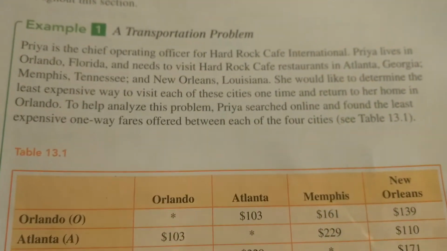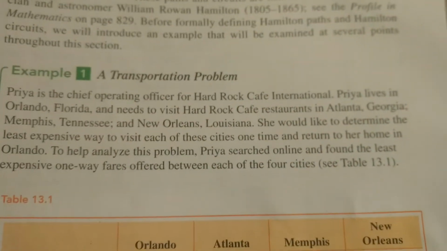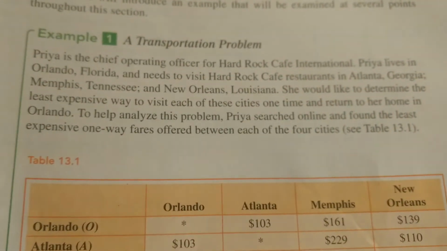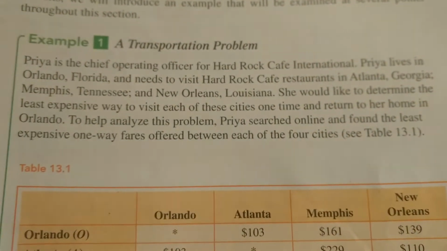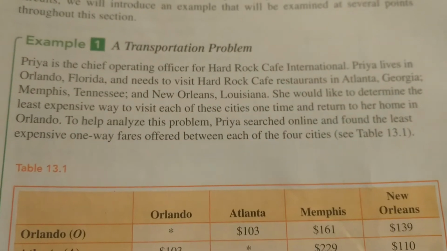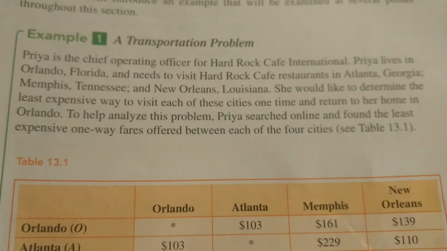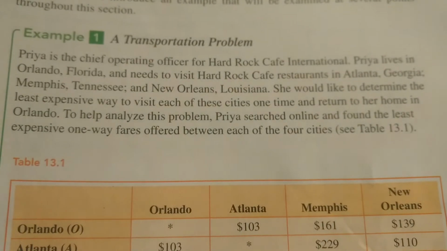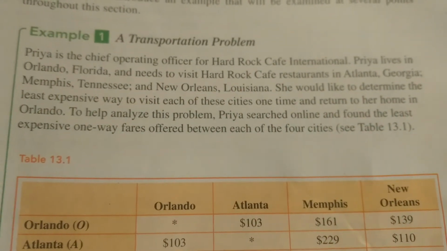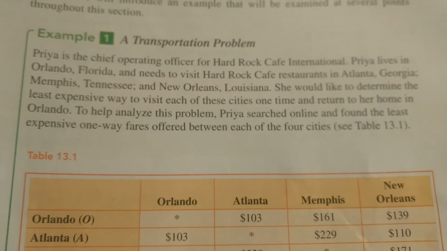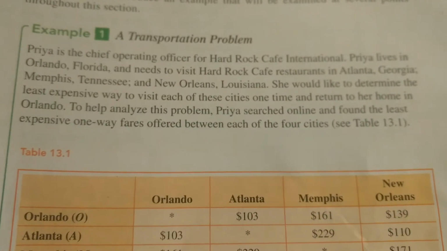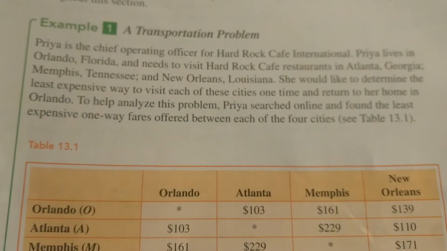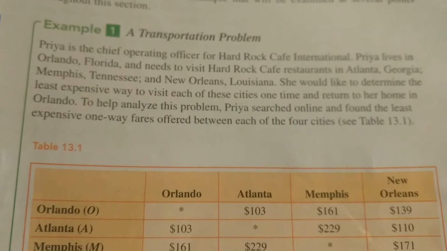All right, so this is example 1, page 825, and this is going to be a continuation problem. It says, Priya, a chief operating officer for Hard Rock Cafe International. Priya lives in Orlando, Florida, and needs to visit Hard Rock Cafe restaurants in Atlanta, Georgia, Memphis, Tennessee, New Orleans, Louisiana.